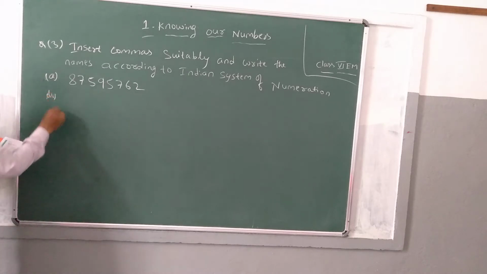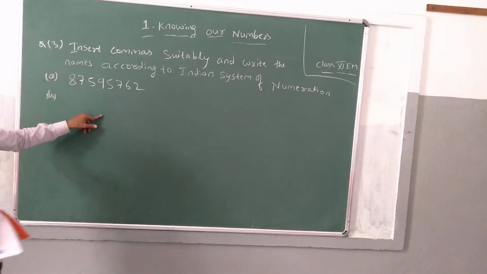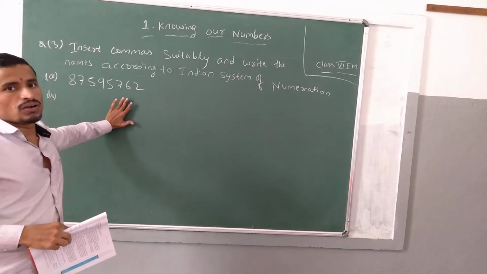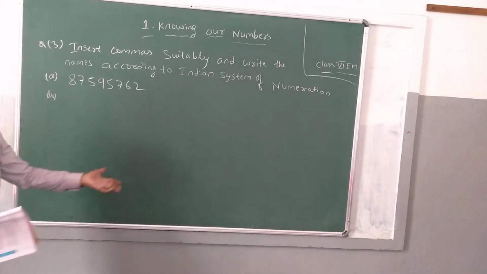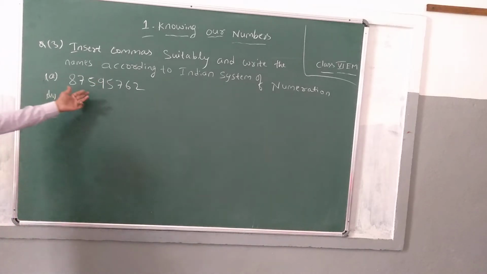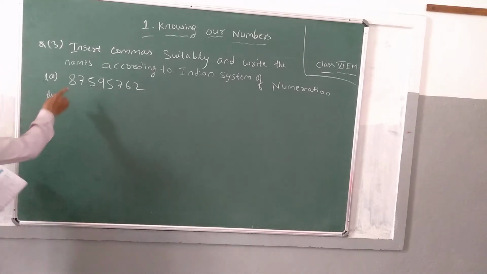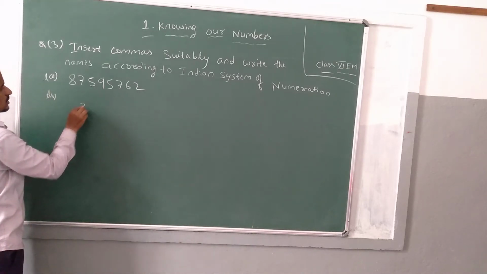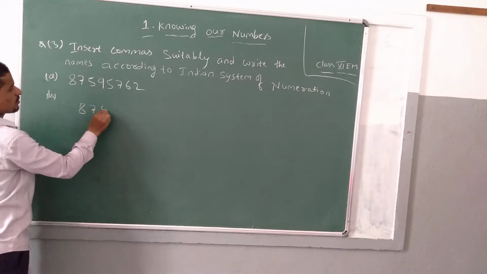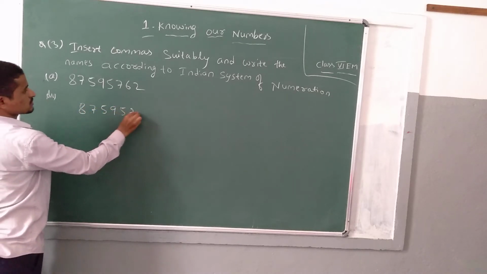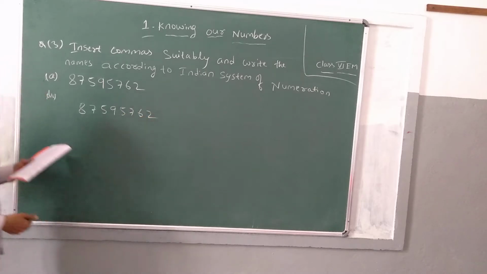So this is the number. So take this number and first put the commas correctly according to Indian system and write the name of this number. Okay. So once again I will write out this 8, 7, 9, 5, 7, 6, 2.